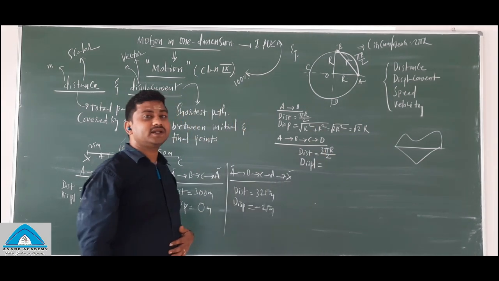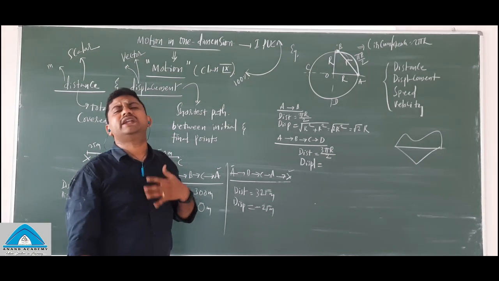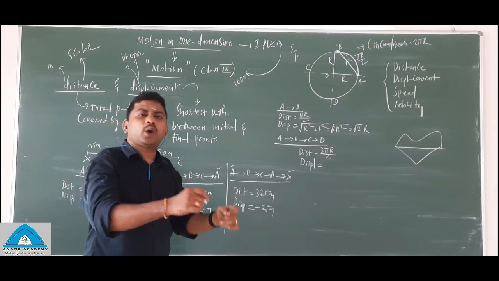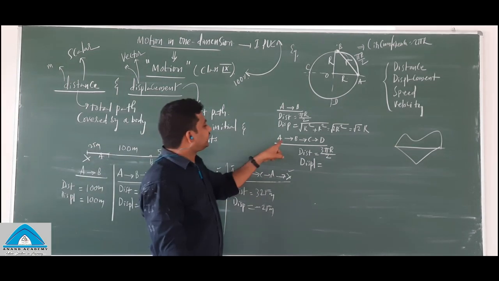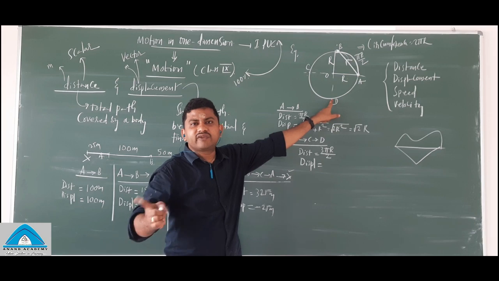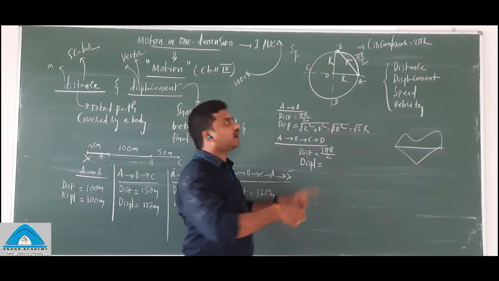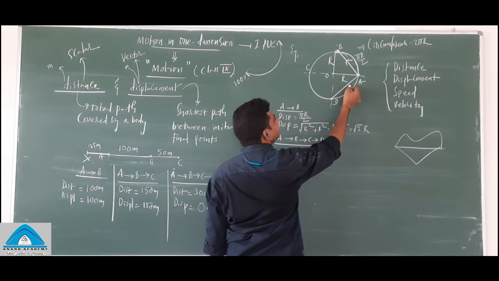Then what's the displacement, and where is the displacement here? I told you so many times: where is the initial point? Where is the final point? Identify them and draw a straight line. So this is the initial point A, and the final point is B. Identify these two points, right? Then draw a straight line. And how do we find the length of the straight line?